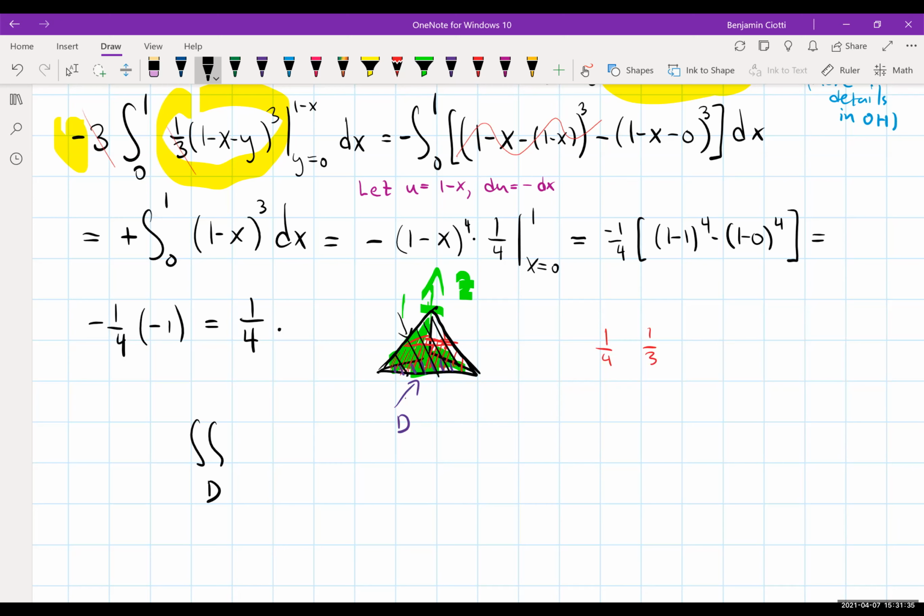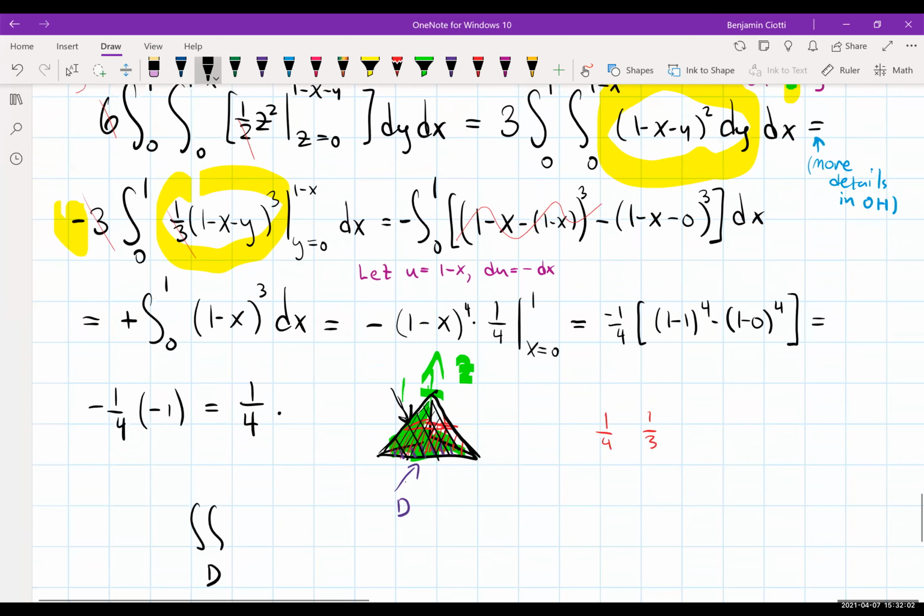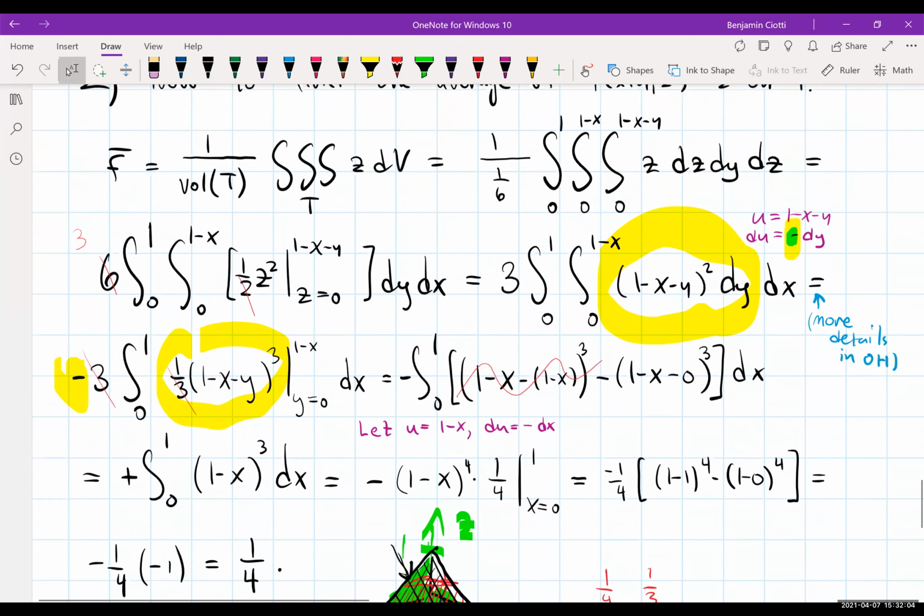It's not equal to the integral of the height of this face divided by the area, because what that would give you would be the average height of points on that triangular face.